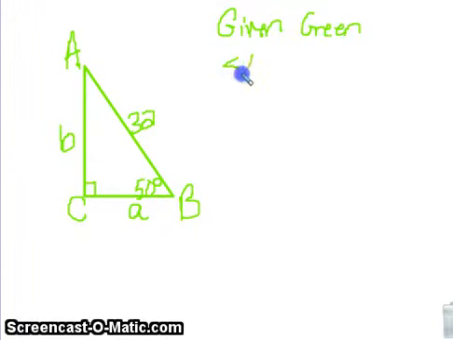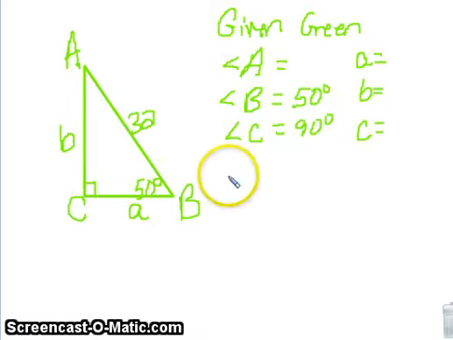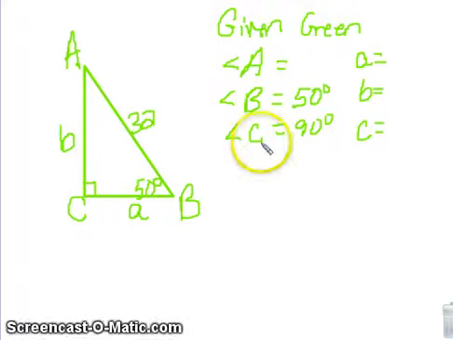So I have angle A, angle B, and angle C, and then side A, side B, and side C. Angle A, we don't have, it's not given. Angle B is given as 50 degrees, and angle C is given as 90 degrees. The only side that is given is C, so it's given as 32.